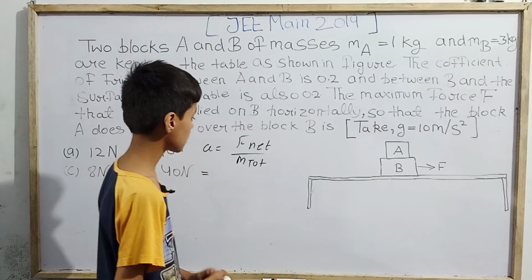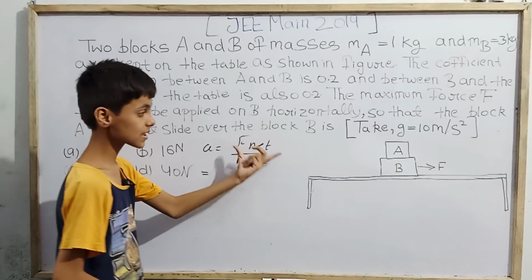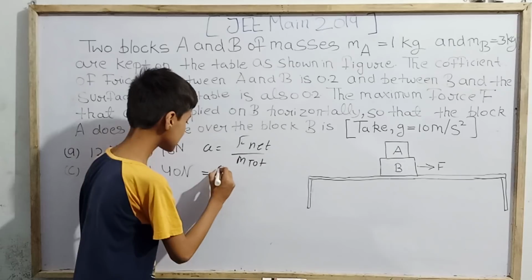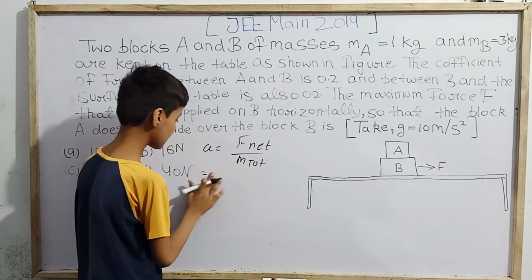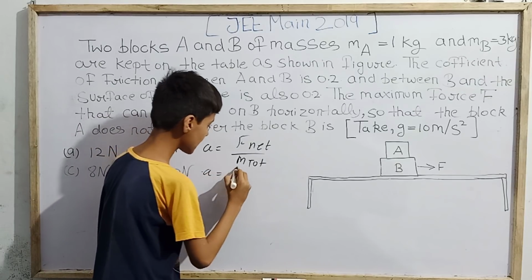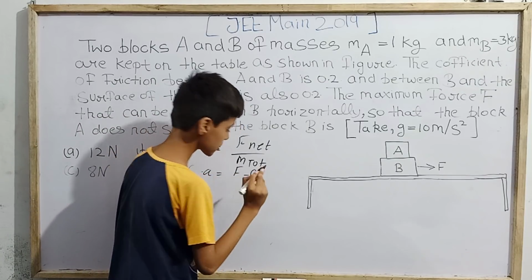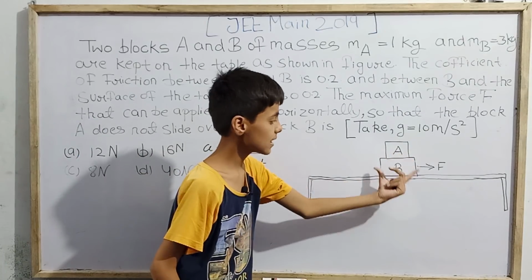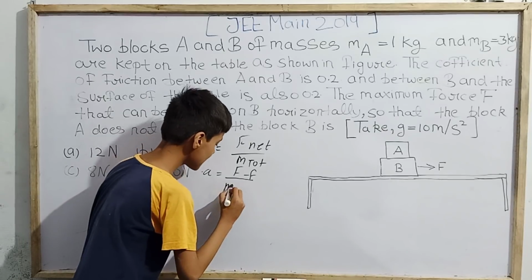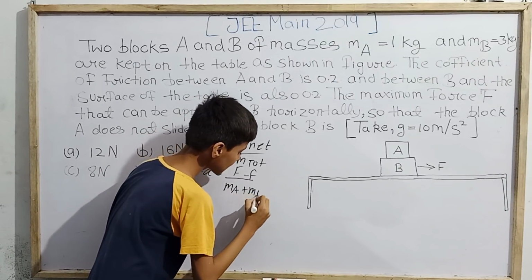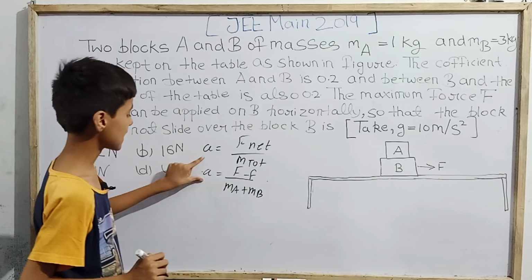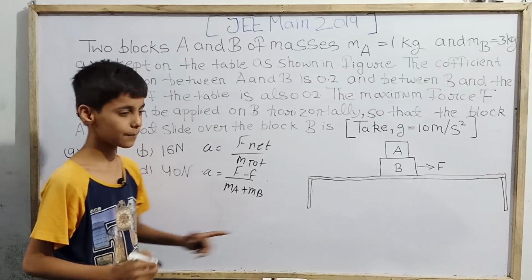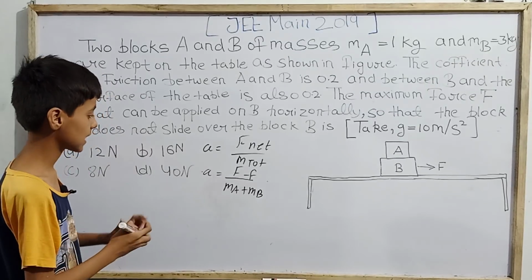So the net force can be written as F minus this frictional force f. So the acceleration equals F minus f divided by the total mass, mass of A plus mass of B, MA plus MB. Acceleration of this system is F minus f divided by MA plus MB.